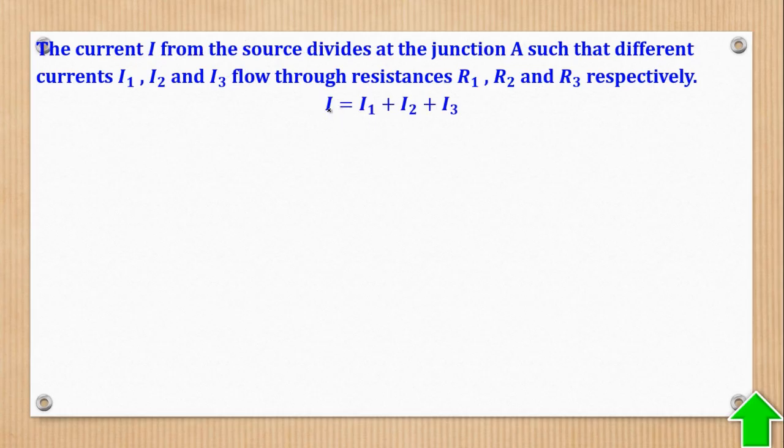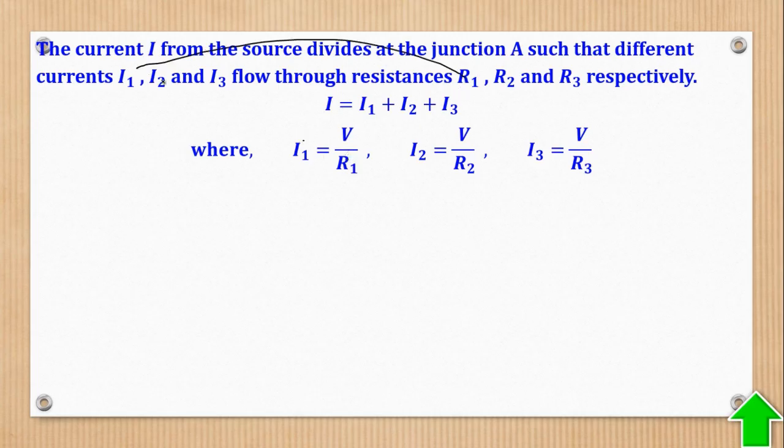Therefore, I is equal to I1 plus I2 plus I3. And you already saw that V is equal to I1 R1, because the current through R1 is I1. Therefore, when I make I1 the subject, it will be V over R1. I2 will be V over R2. I3 will be V over R3. V is the same because we said PD is the same across parallel resistors.